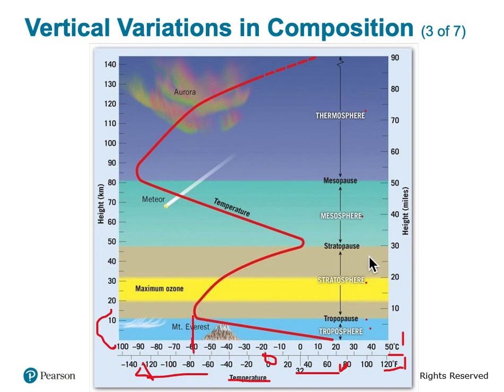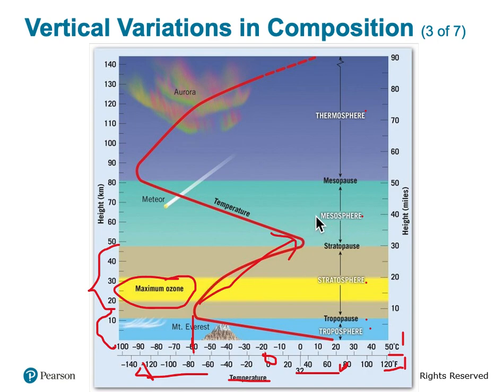Now for our stratosphere layer, found between roughly 10 and 50 kilometers, we could see that the temperature is warming as we go higher in altitude, and this is due to the ozone gas, the ozone layer. The ozone layer is found in the stratosphere because the ozone gas absorbs the harmful UV radiation.